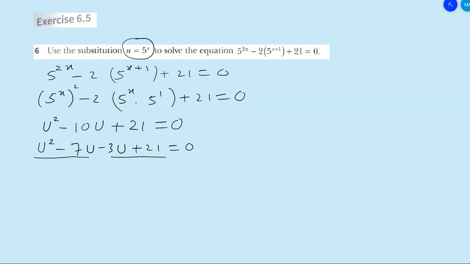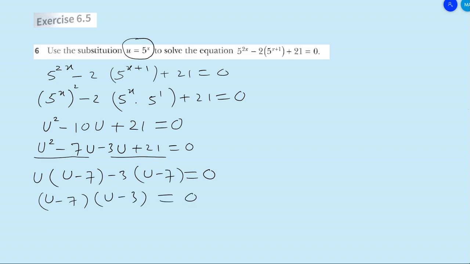Taking the first two and last two, u common, u minus 7, minus 3 common, u minus 7 is equal to 0. u minus 7, u minus 3 is equal to 0. u is equal to 7, u is equal to 3.